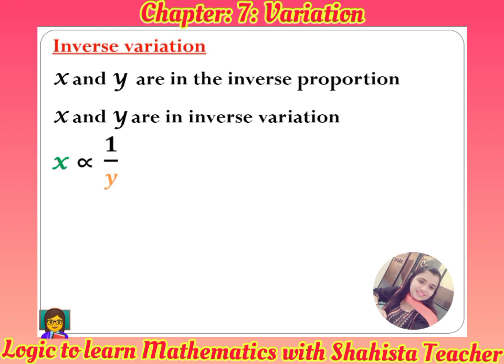Now here you can see the inverse relation. 1 upon y, where y is the denominator, but in the case of direct variation, x varies as y. In the case of inverse variation, x inversely varies as 1 upon y. That means k is equal to x multiplied by y. x is equal to 1 upon y.